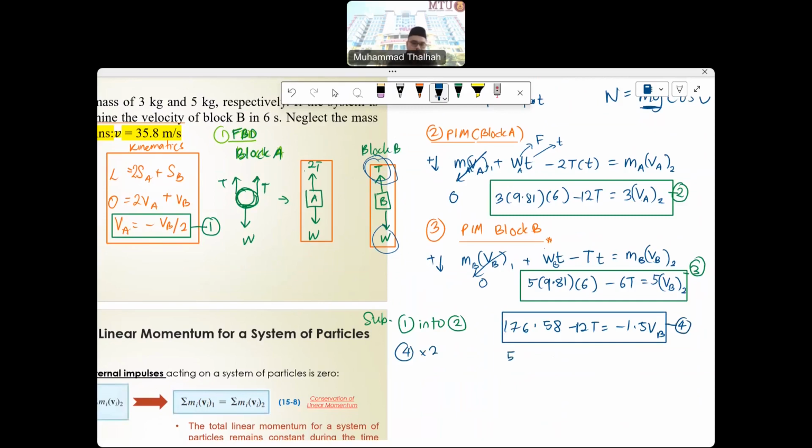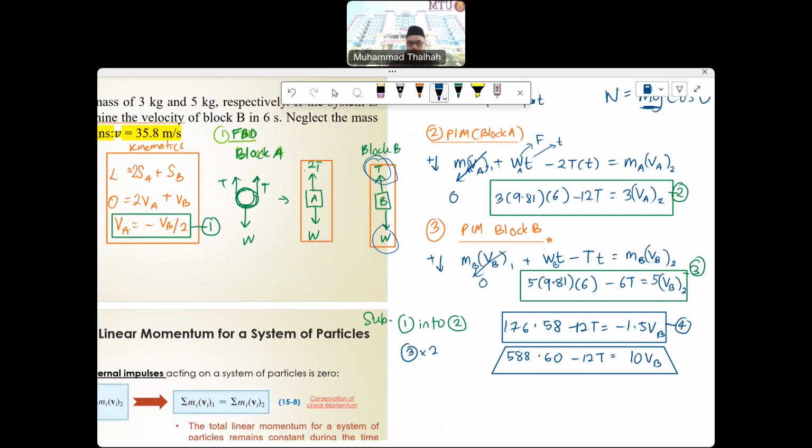So this one you have 588.60 minus 12t equals 10 V sub B. Am I doing right? We have to multiply 2 with equation 3. Yes, equation 3. Okay, that looks like something.